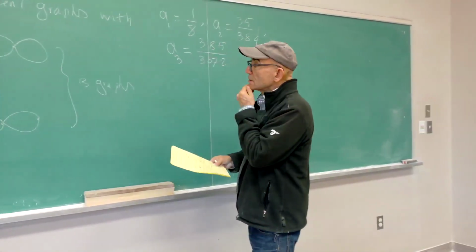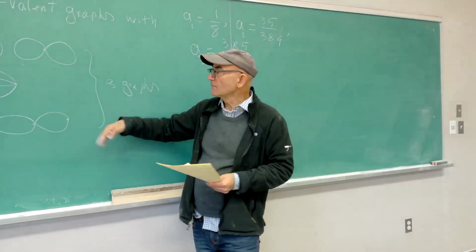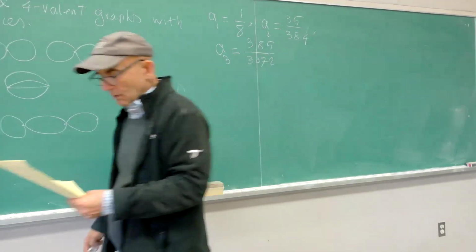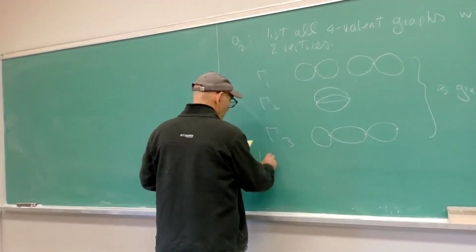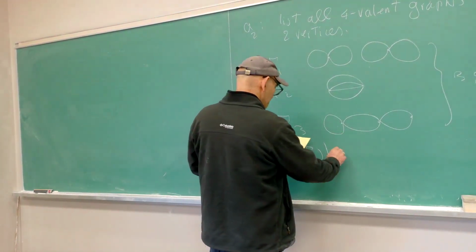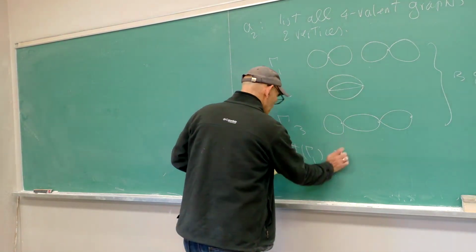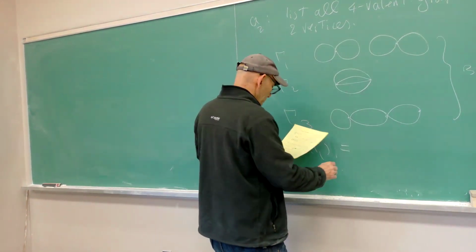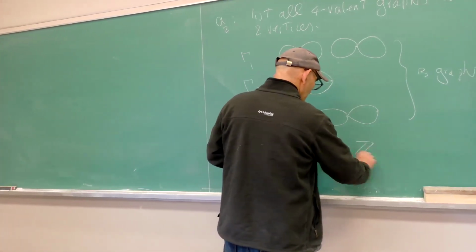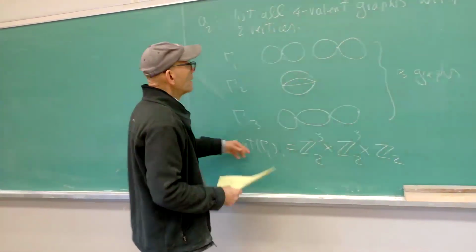So we have the list of graphs that we want. Then we have to compute the automorphism group of each. Let's compute that. For example, for gamma 1, what is the order of the automorphism group of gamma 1? The group itself is equal to Z2 to the power 3 cross Z2 to the power 3 cross Z2.